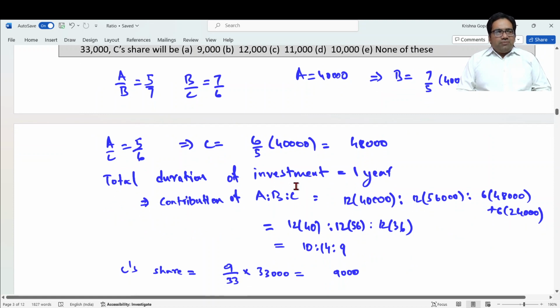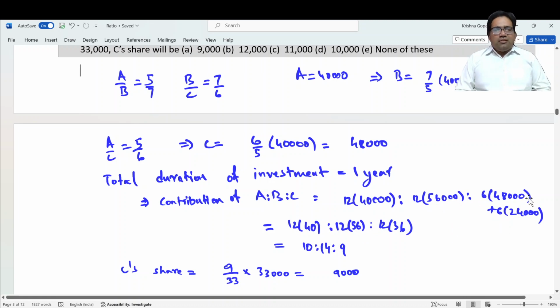What is the contribution of A, B, and C? A put in for the entire 12 months, 12 into 40,000. B put in for the entire 12 months, 12 into 56,000. And C put in 48,000 for 6 months and 24,000 for another 6 months: 6 into 48,000 plus 6 into 24,000. All the thousands we'll remove. So 12 into 40 is to 12 into 56 is to 6 into 48 plus 6 into 24.